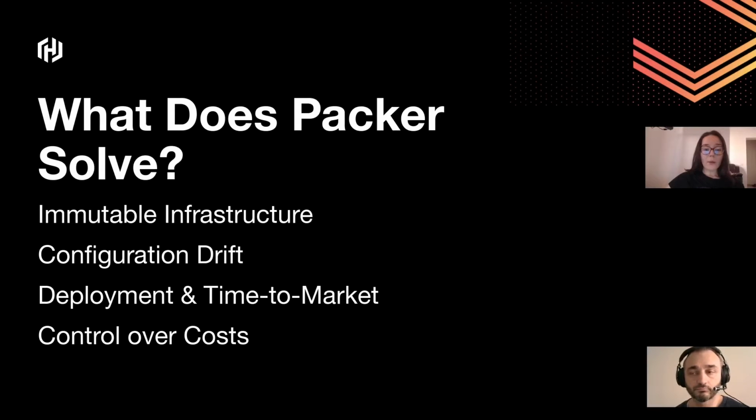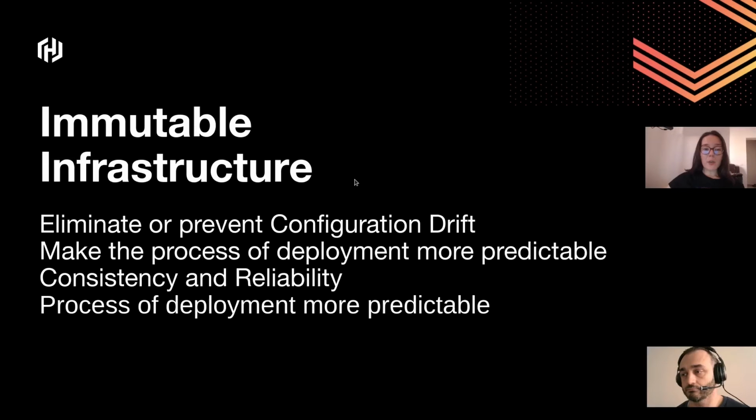I have firstly mentioned immutable infrastructure. A traditional mutable server infrastructure dictates that servers are continually updated and modified in place. Well, immutable infrastructure is another infrastructure paradigm in which servers are never modified after they are deployed.